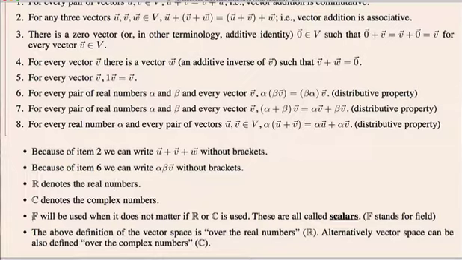Then we just use F, and that can denote either or both R and C. So together all these numbers, the real numbers, complex numbers, or general numbers from F, are usually called scalars. And by the way, F really stands for a field that's usually discussed in abstract algebra.